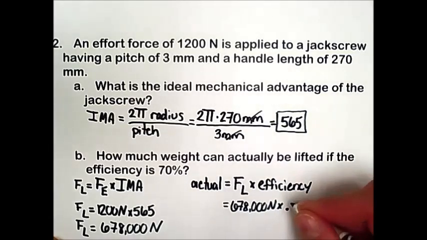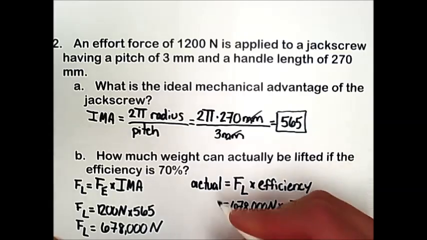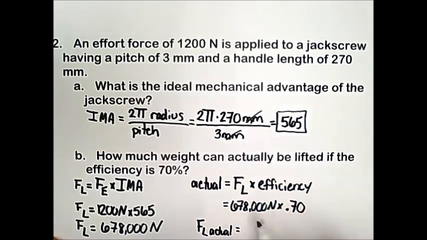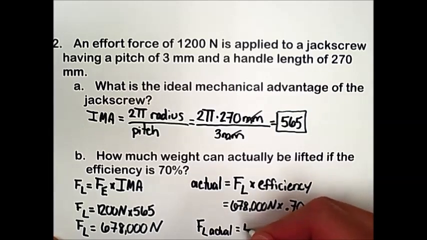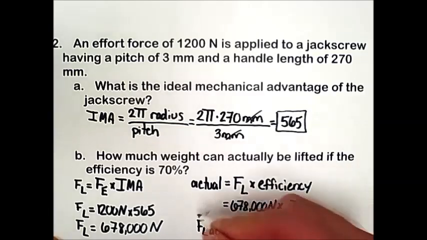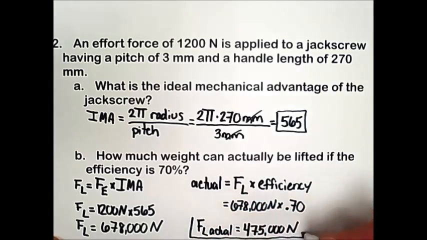So 70% becomes 0.70. So the actual load that can be lifted will be 678,000 times 0.7, which is approximately 475,000 newtons, rounding to 3 significant digits.